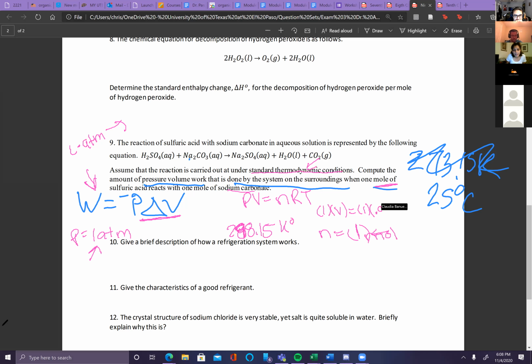Exactly, 0.0821. Awesome. And then our Kelvin, which is 298.15. You just have to multiply all these together, and that will give you your volume. So what do you get, guys? Someone tell me, please.